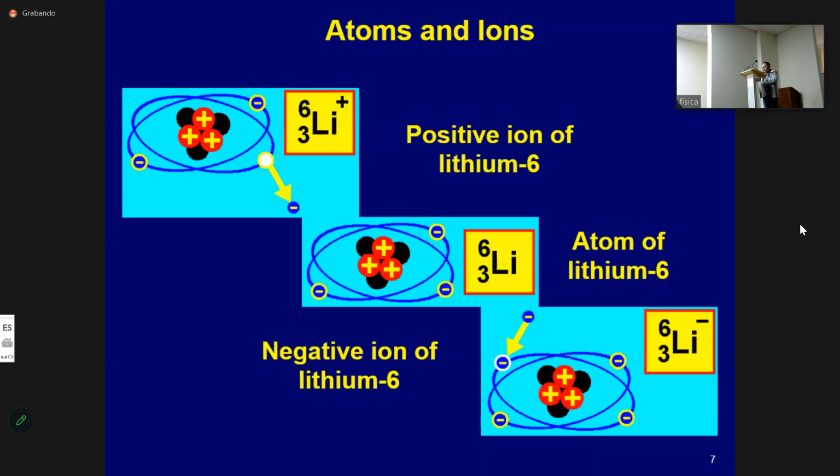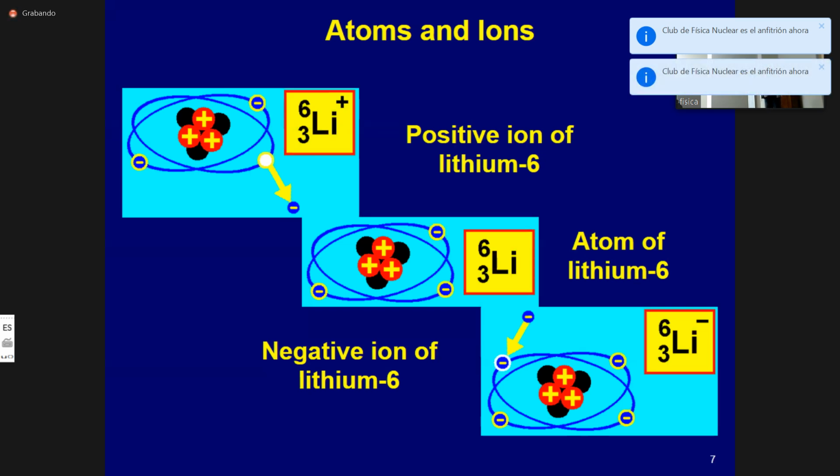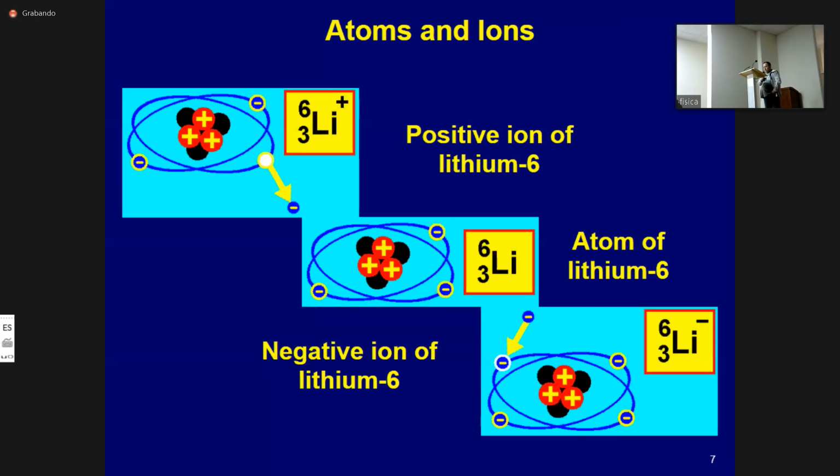Such an electron becomes free and leaves the electron shell. The rest of the atom becomes positively charged. This structure of the nucleus with an incomplete electron shell is called a positive ion. The physical process that gives rise to a positive ion is called ionization.